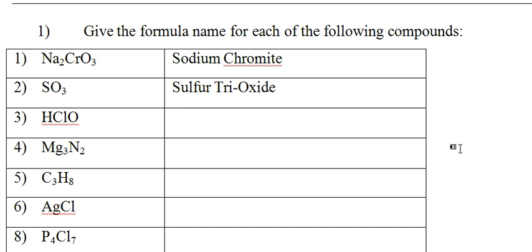Looking at the third example, hopefully you recognize that we have a hydrogen that starts this compound off. Also, hopefully you recognize that there's an oxygen in this compound. So we would not add the word hydro as a prefix in this acid name. But we do have a polyatomic that is very similar.